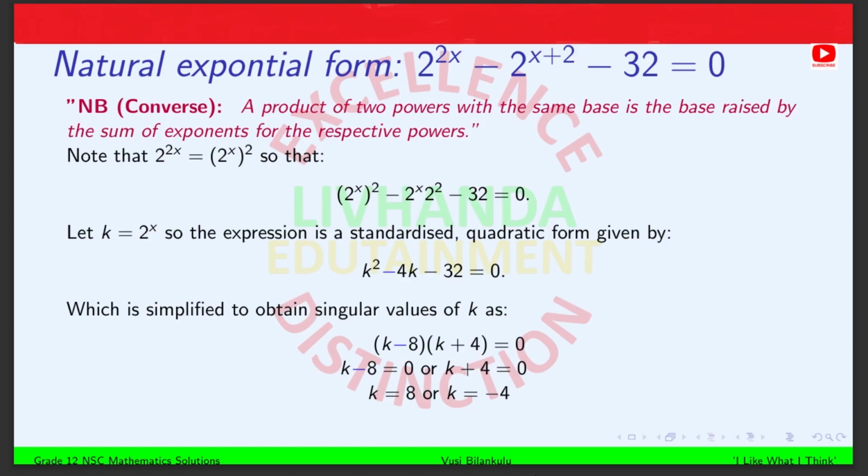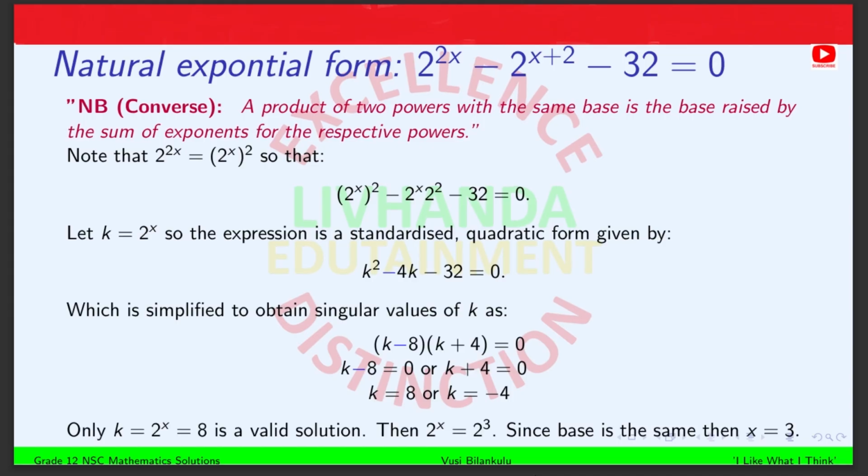This is factorized by k minus 8 and k plus 4, which is simplified to obtain singular values of k as either k equals 8 or k equals negative 4. However, x is undefined if k is negative. Therefore, only k equals 8 is a solution.